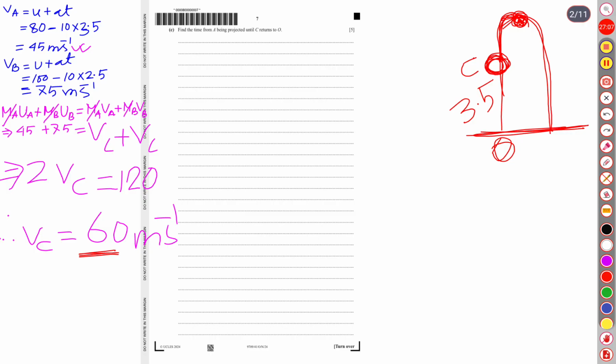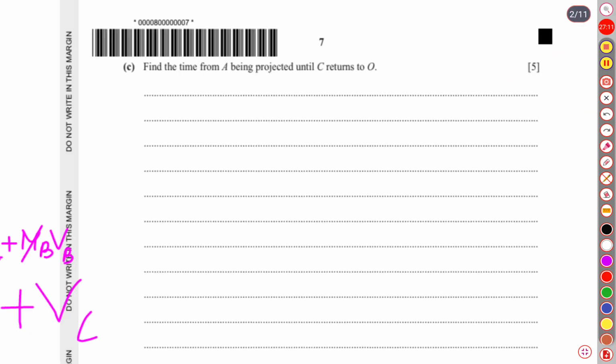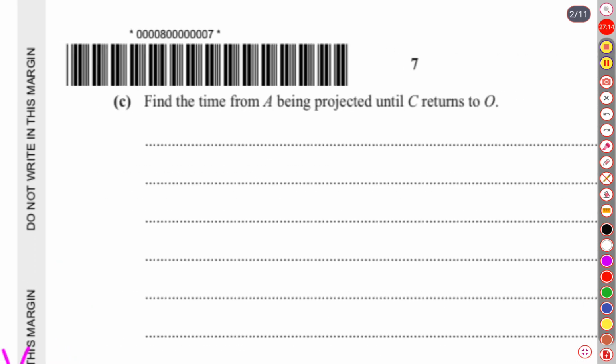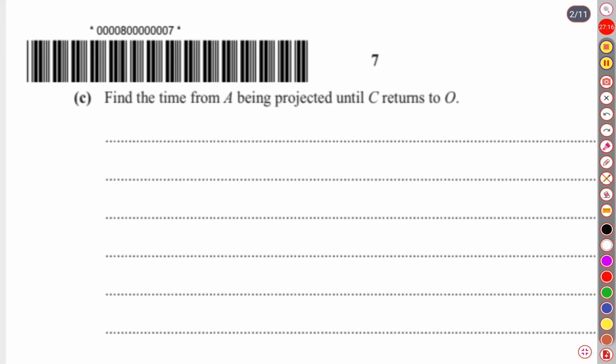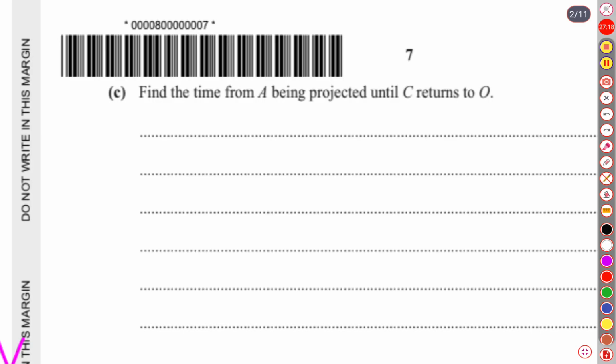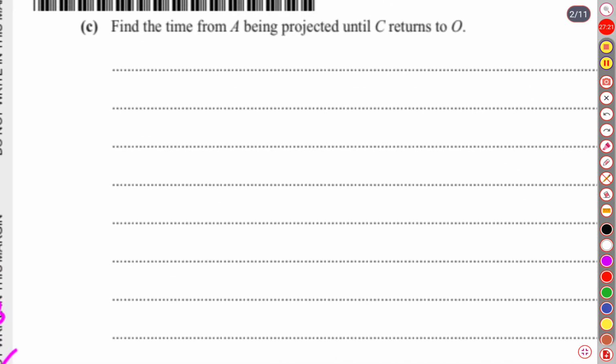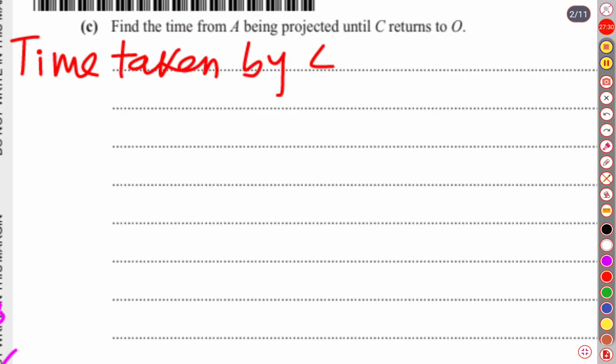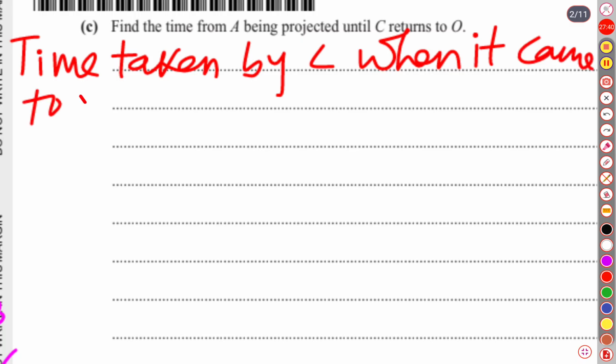So we will write here: the time taken by C when it came to rest.